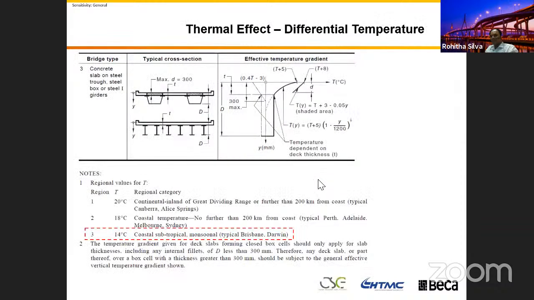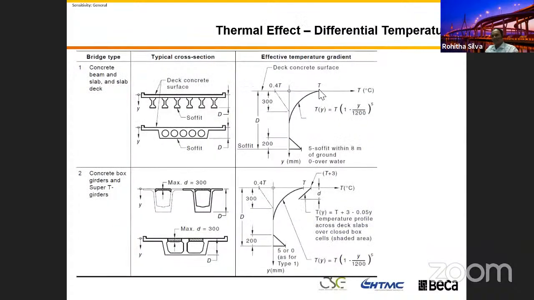And then similar to steel structures, we have a different temperature distribution. You can use it. Again, for this distribution, the values of T need to be specified in the design annexures.